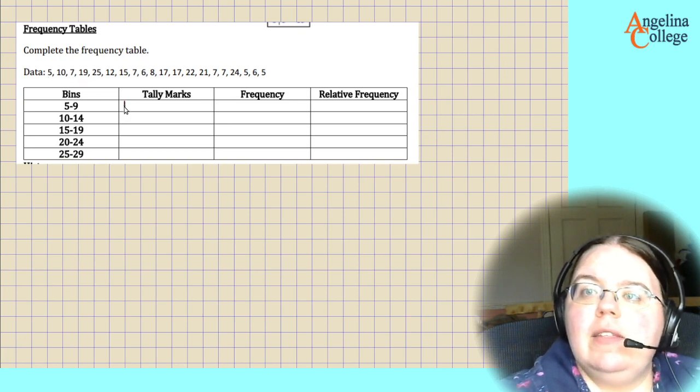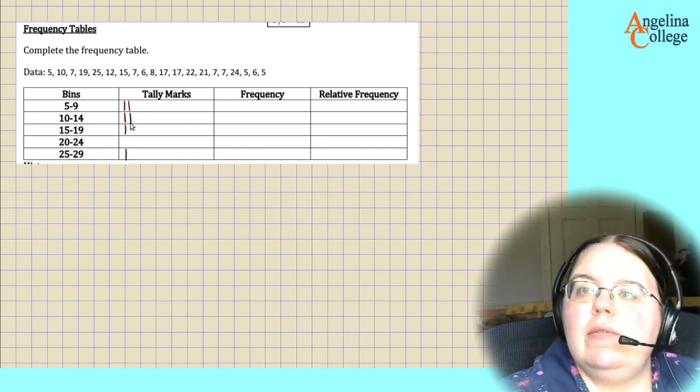We've got a 5, that's in the 5 to 9s, a 10, that's in the 10 to 14s, and so on. 7 in this one, 19 in this one, 25, 12, 15, 7, 6, 8, 17, 17 again, 22, 21, 7, another 7, 24, 5, 6, and 5.